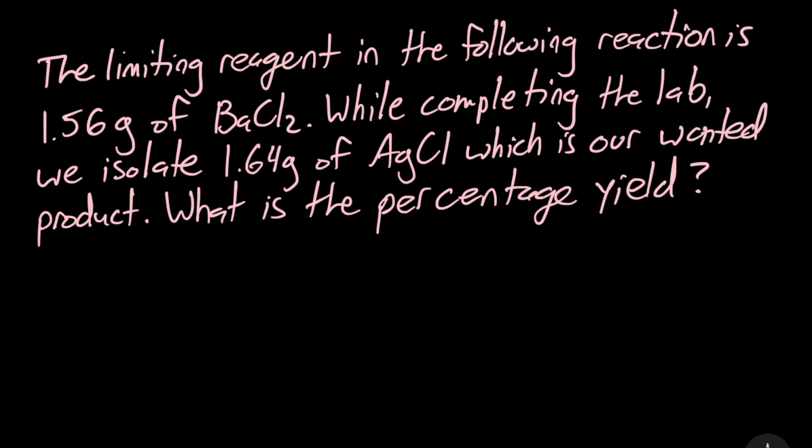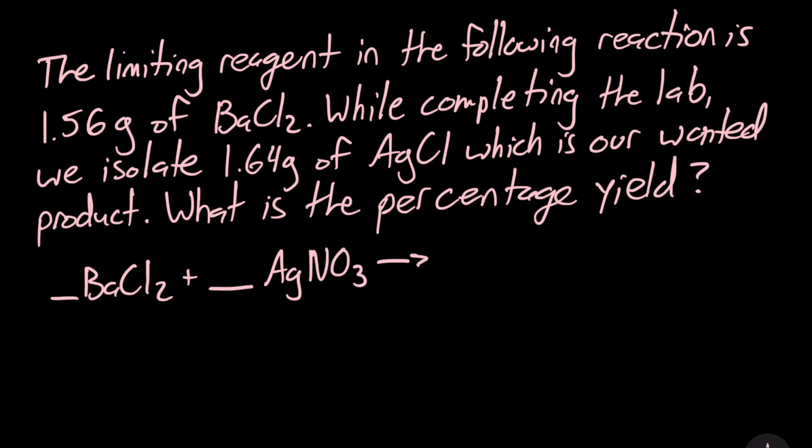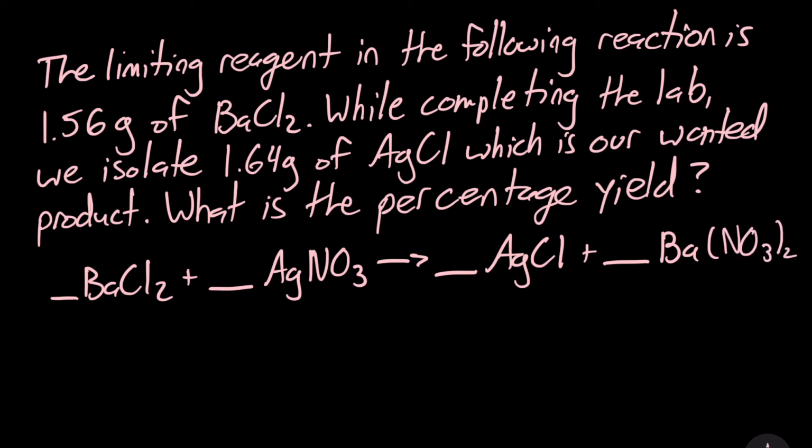balanced formula. So we have barium chloride, and it's reacting with silver nitrate, AgNO3, and that is going to produce our wanted product, which is silver chloride, and another product, which is just barium nitrate, Ba(NO3)2.